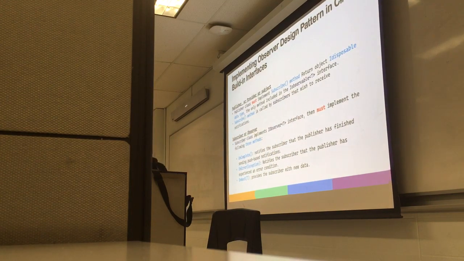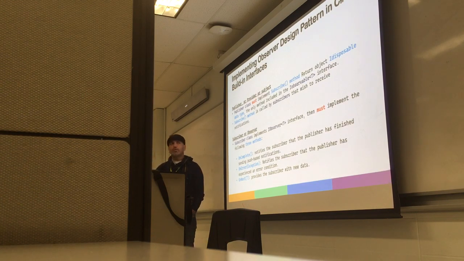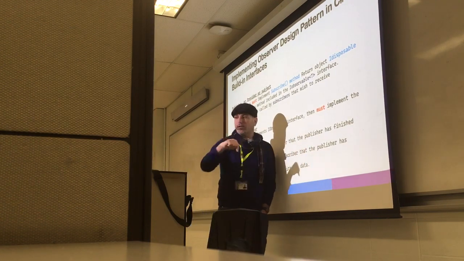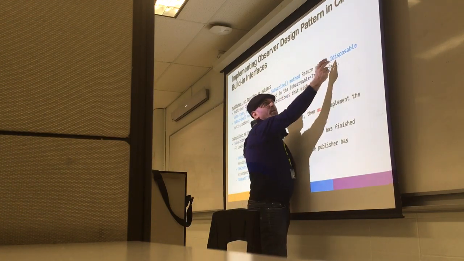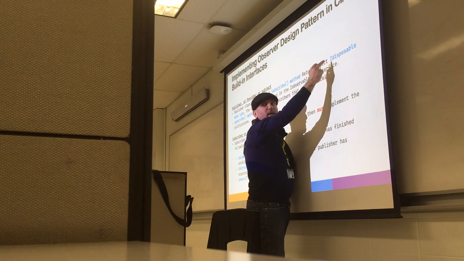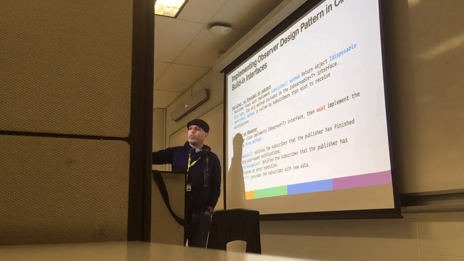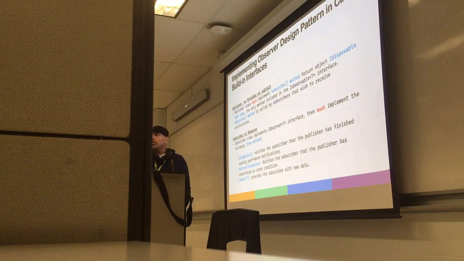If an observer does not need to receive notifications, I will create an object from the Unsubscribe class, which implements IDisposable, just to call the method inside IDisposable called Dispose.